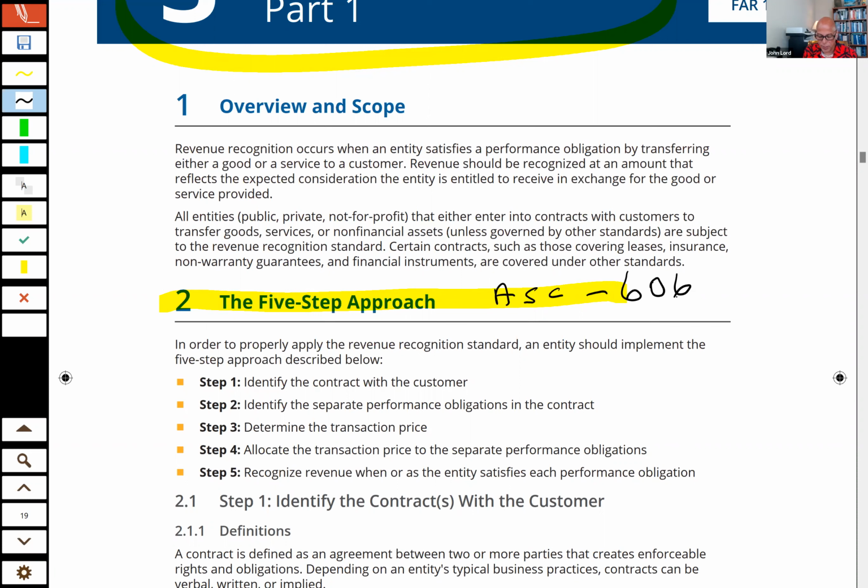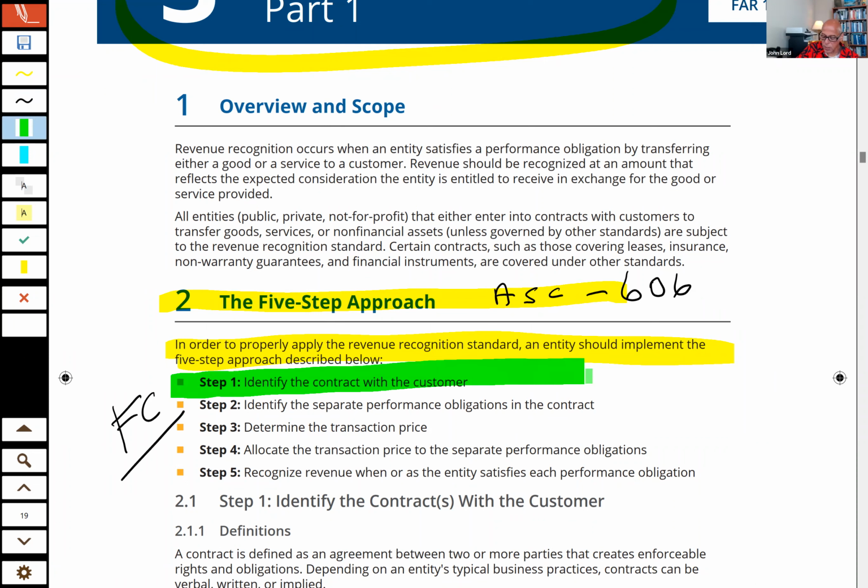Now, I don't think that on the exam, you're going to have to apply these 5 steps to be able to answer a question. But I do want you to flashcard the 5 steps in case somebody asks you directly, what are the 5 steps to revenue recognition?